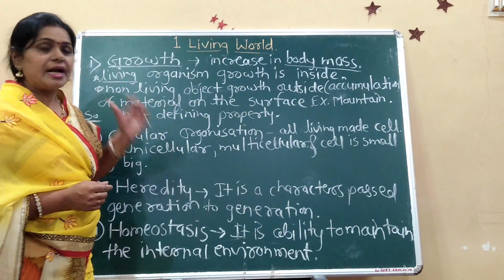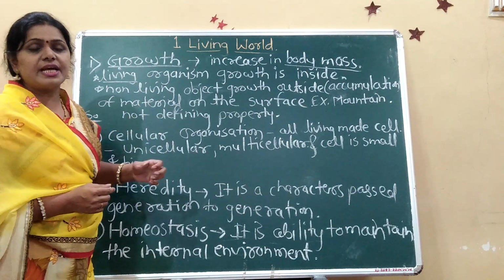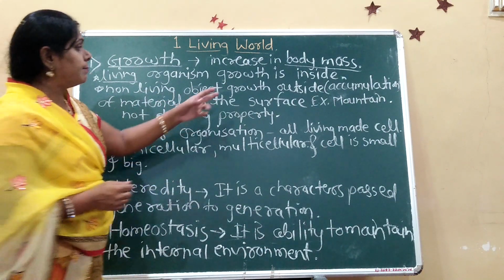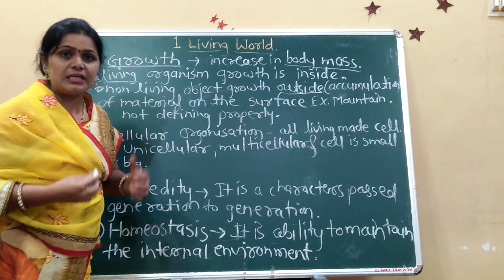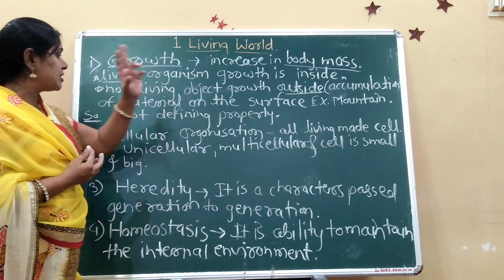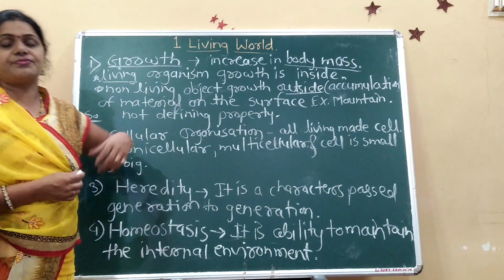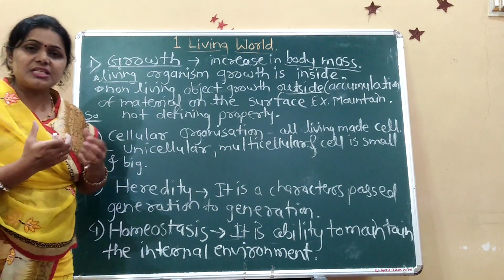And non-living objects also show growth, but the growth is outside growth. And what is it? There is accumulation of the material on the surface. Accumulation means here साठा किंवा संचय होणे.